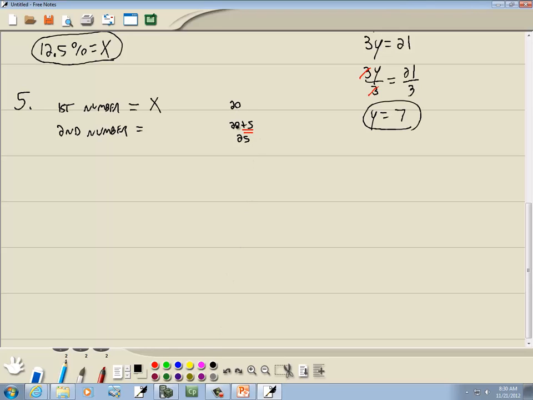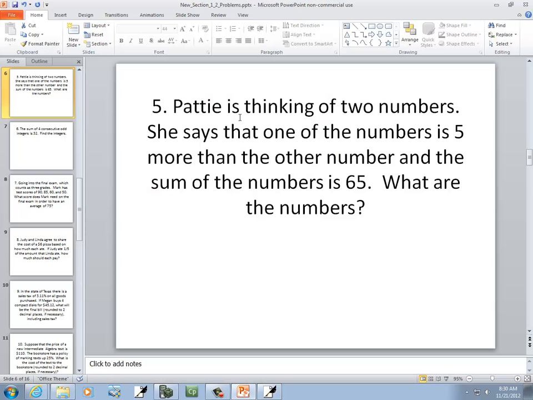So we took the 20 here and we added 5 to it. Well, same thing here. We take the x and we add 5 to it. Now, sometimes it's helpful to do a simple number example over here, and it's not actually part of the problem, but it helps you with the setup. Sometimes when we're dealing with just straight numbers, we can think along those lines real good. But when you start throwing x's and y's and so forth in there, it throws us off.